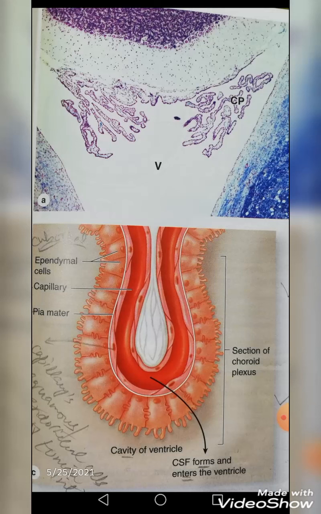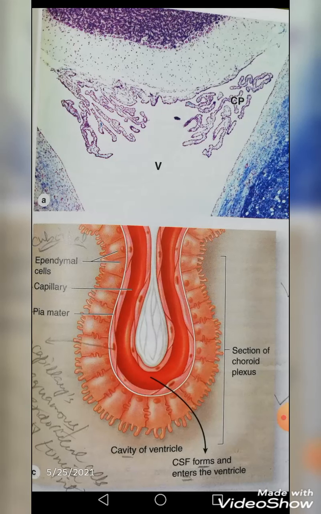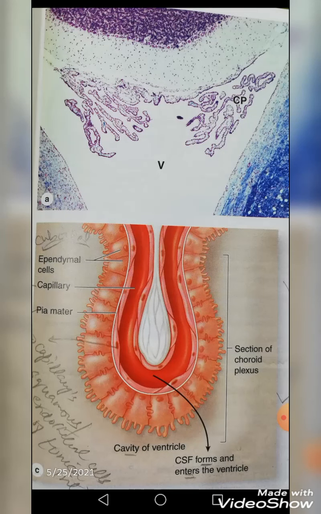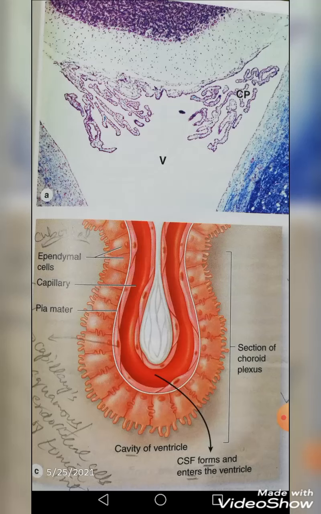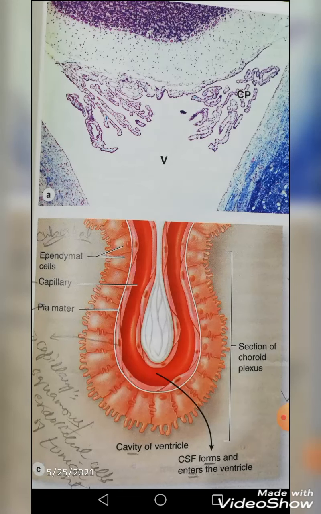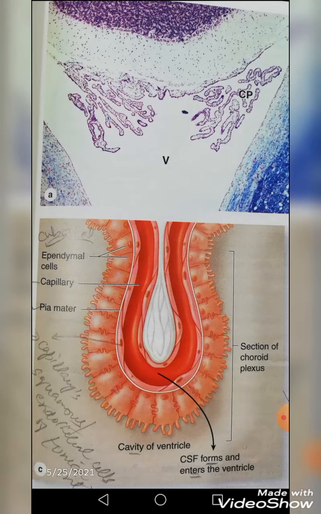So there are 4 ventricles of the brain, right? They are present in the roof of the 3rd and 4th ventricles, and along with that the 2 lateral ventricles, right? And the ependymal lining here is directly in contact with the pia mater, right?